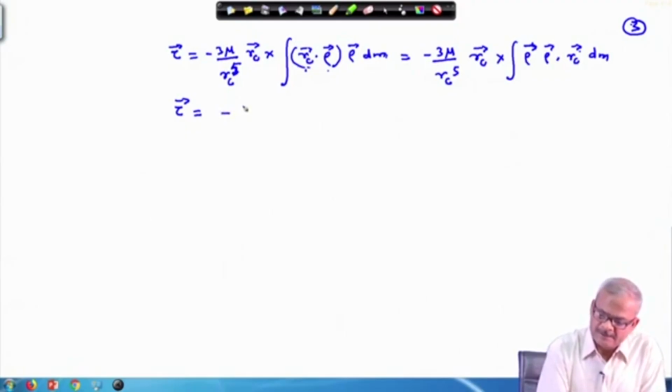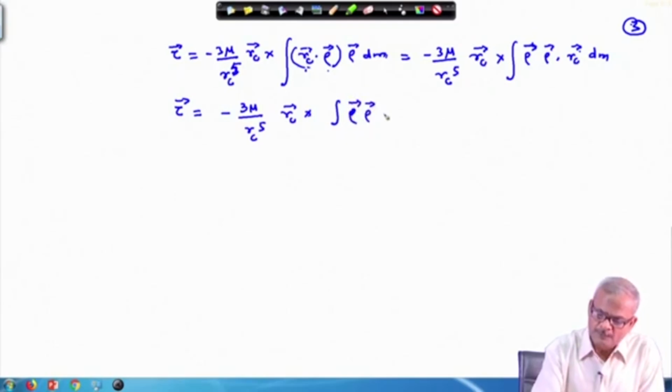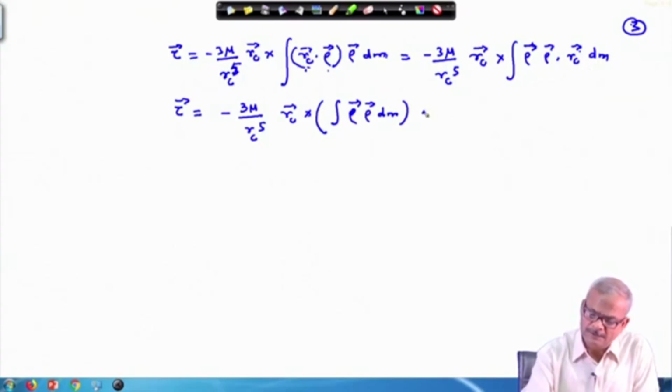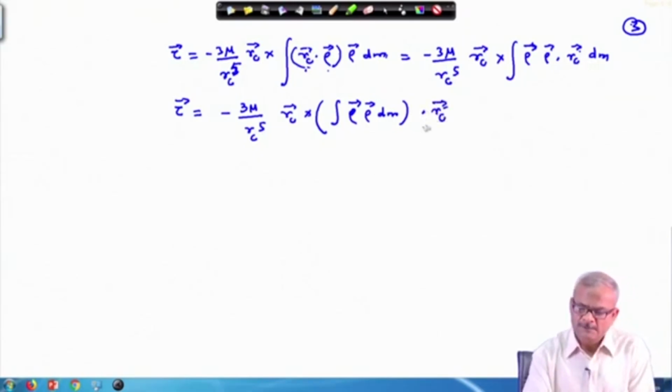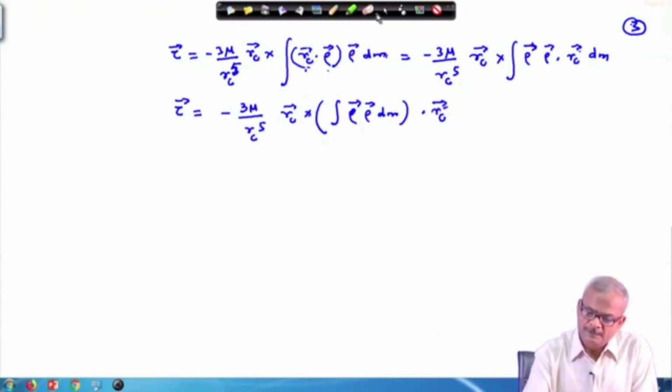So, we write this as 3 mu R c phi rho d m and dot R c, because this R c is not dependent on the integration. Okay. So, if it is not depending on the integration, it can be written outside.